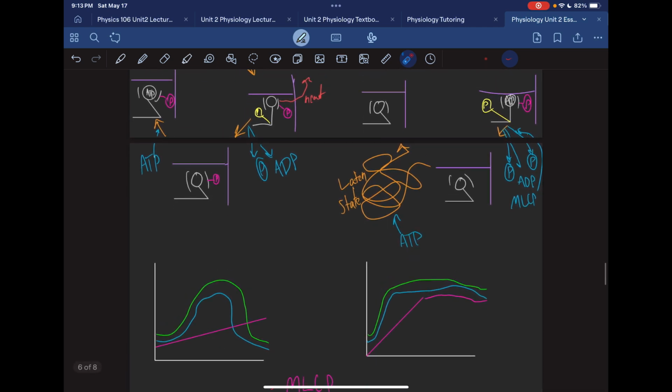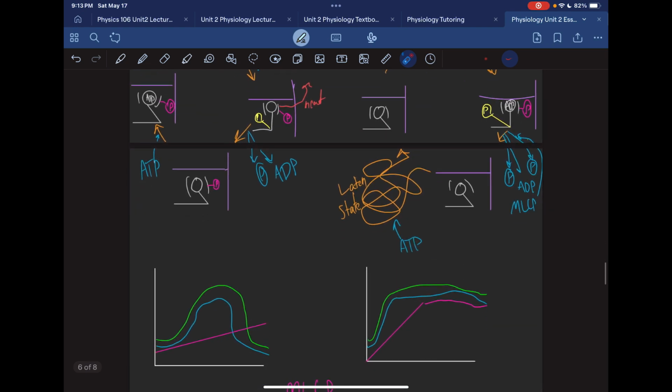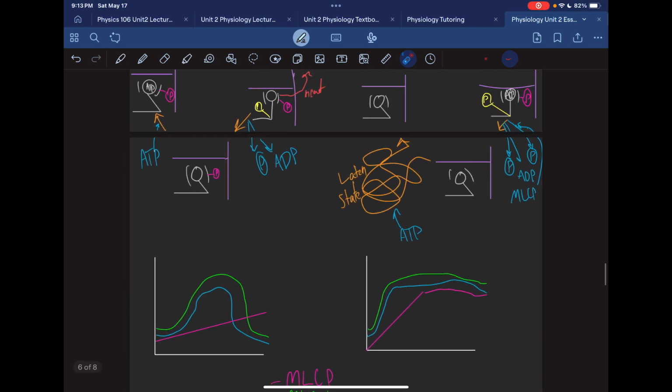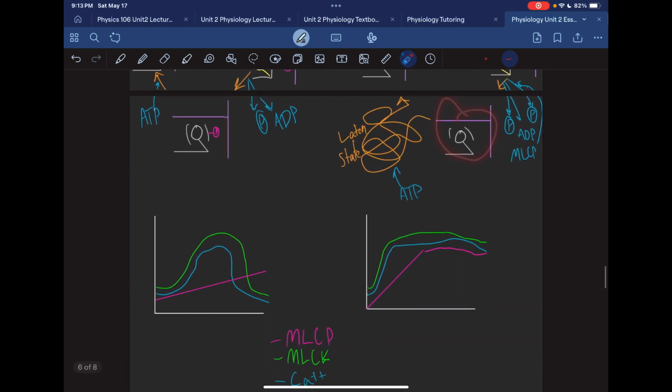Then a reaction is going, once it attaches, and then the two phosphates are going to pop off. One off the light chain, one off the myosin, and MLCP is the one that's going to cause these phosphates to be removed, and the ADP pops up. Then we get into the uncocked position here.